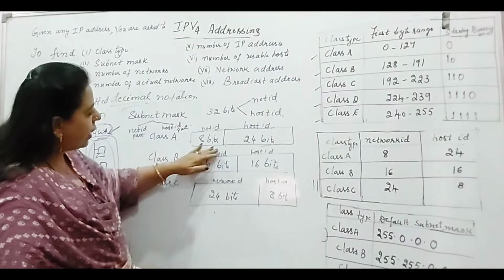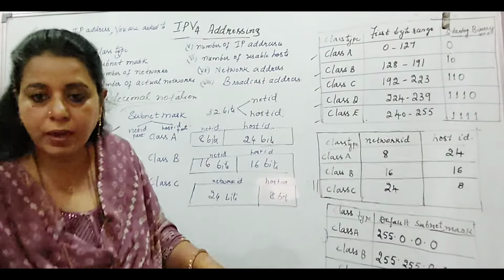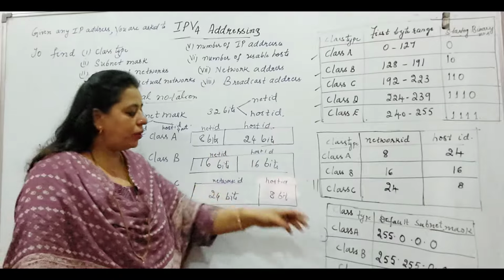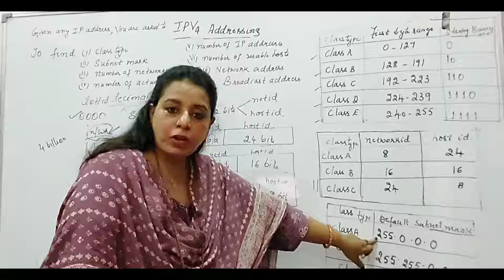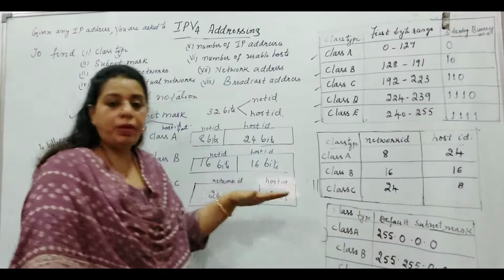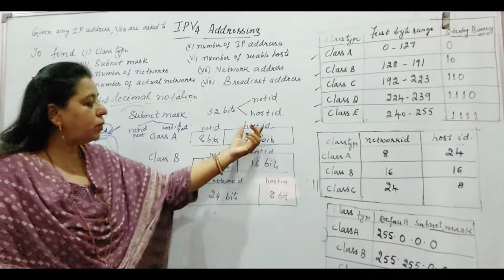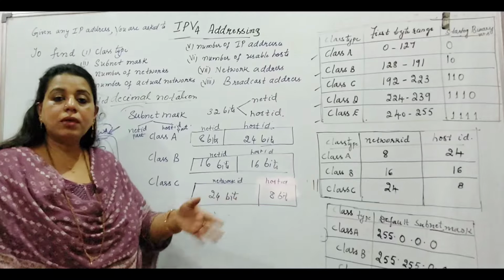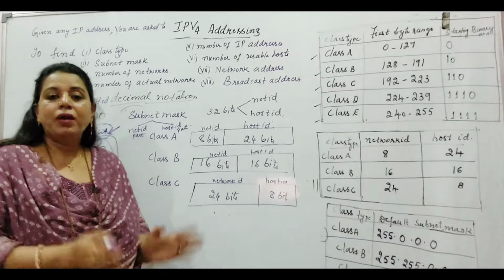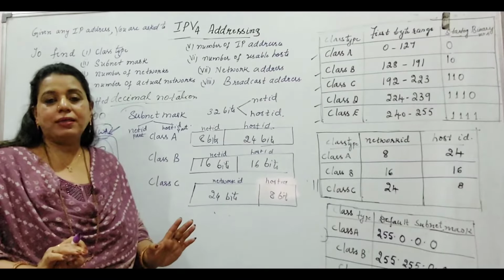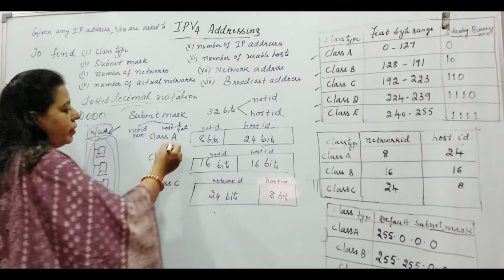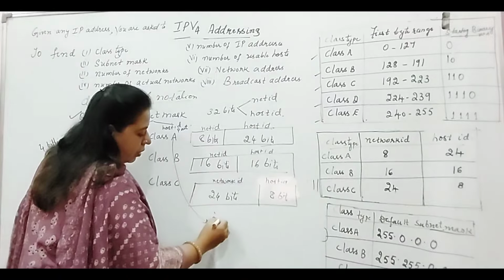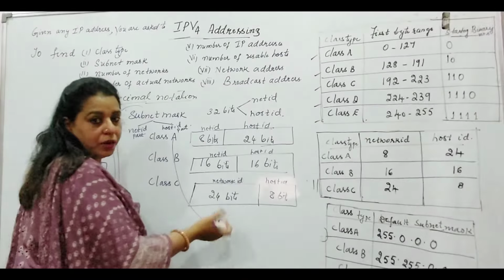Because in class A, 8 bits are meant for the network, the maximum value, if you write it in dotted decimal notation, the first byte will be 255. And the remaining 3 will be 0.0.0, because what we tell in the subnet mask is how many bits are meant for the network ID. We keep only 8 bits as the network ID in case of class A. So what will be the decimal equivalent? 255.